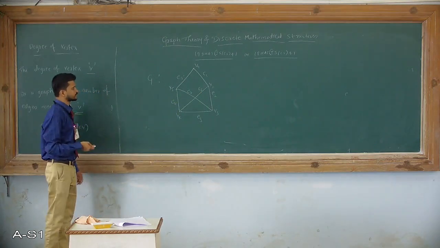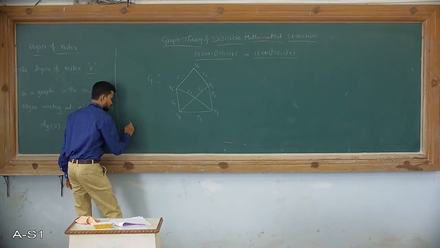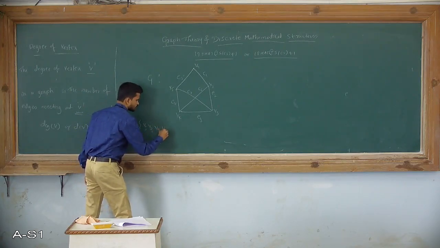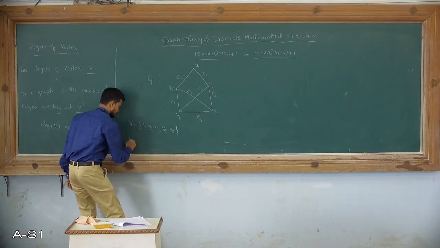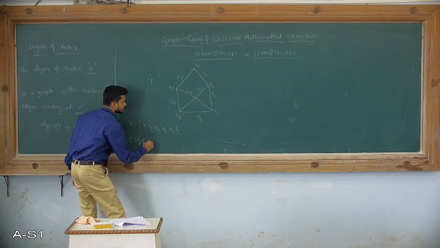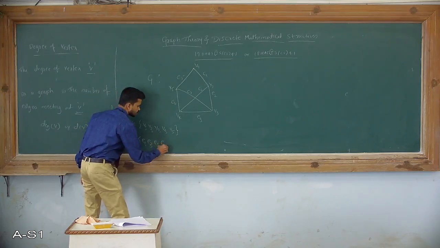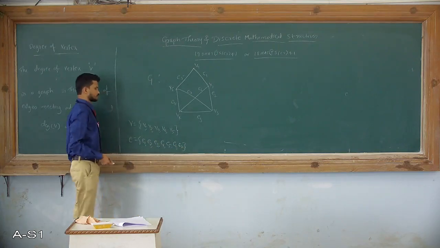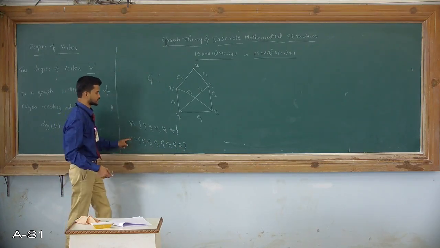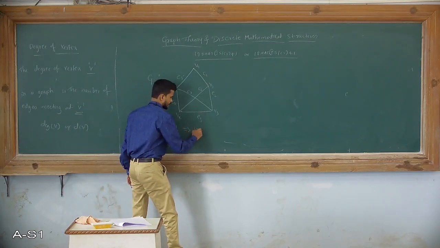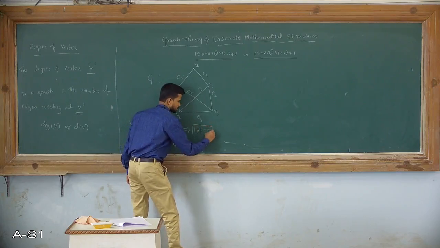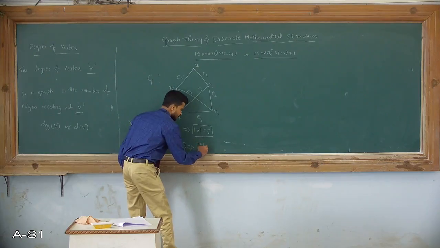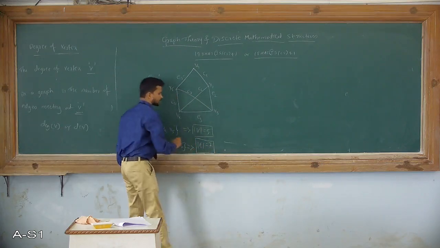So the graph has 5 vertices. I will take the vertex set V as V1, V2, V3, V4, V5, and the edge set E as E1, E2, E3, E4, E5, E6, E7. The number of vertices is 5 and the number of edges is 7. So I will represent the cardinality of V as 5, and the cardinality of E as 7, that is, the number of edges present in set E.